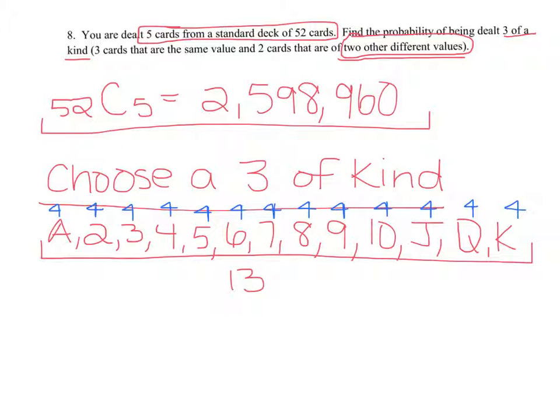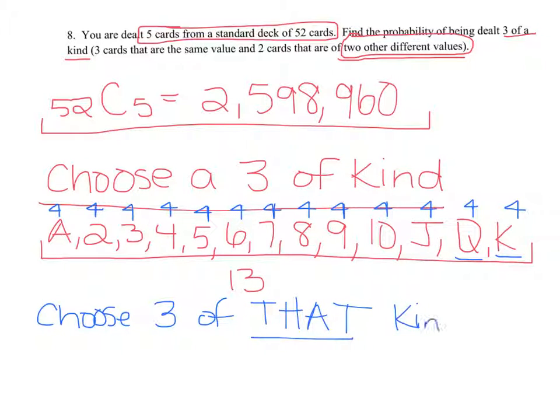Here's the thing. Once I've selected one of these 13 numbers for my 3 of a kind, such as 3 kings or 3 queens or 3 jacks, I have to pick how many different ways I can select those 3 cards.